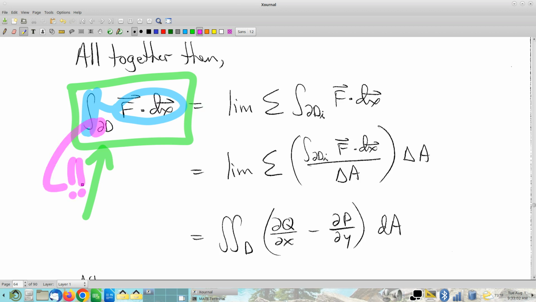When you have a vector line integral around a boundary, that measures the extent to which the fluid is flowing along the curve, but the curve is going around in a circle. So it's measuring the extent to which the fluid is going around in a circle, the extent to which the fluid has a rotational aspect to it, like a whirlpool or a tornado or a hurricane, that kind of thing.